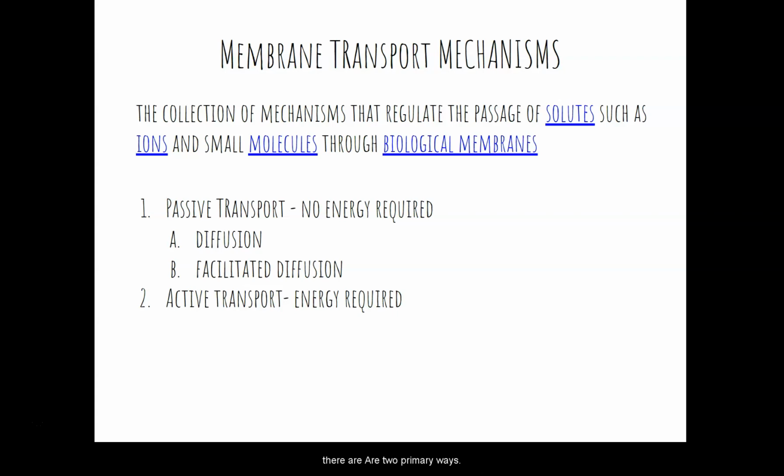And there are two primary ways in which you can get passive transport. The first is called diffusion, and the second is called facilitated diffusion. Active transport is a mechanism for deliberately moving molecules through biological membranes, and it typically requires the input of ATP. So we're going to go through each one of these in a little bit more detail.